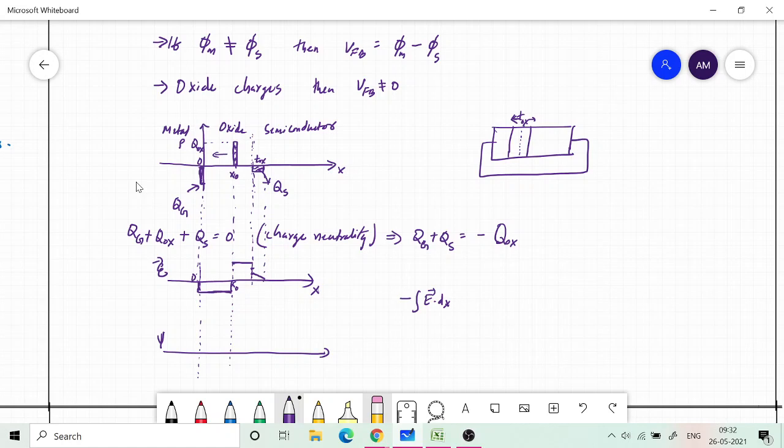Since there is no charge between the origin and x0, your voltage is going to increase from 0. It will go like this, and then it will decrease like this, but not fully to 0.